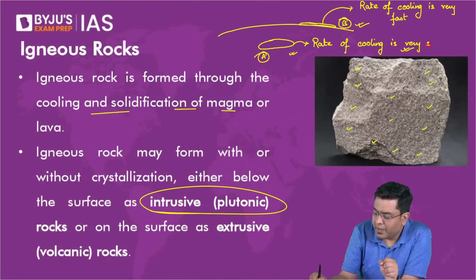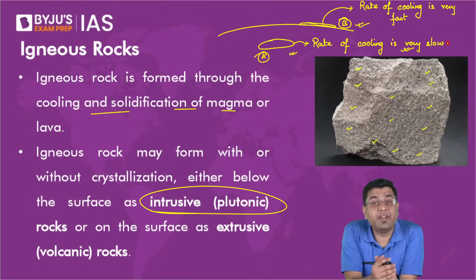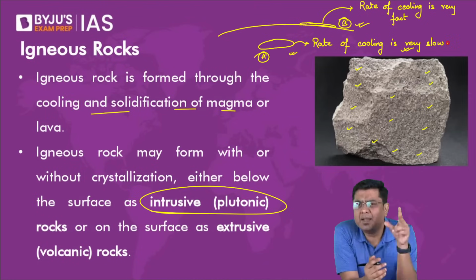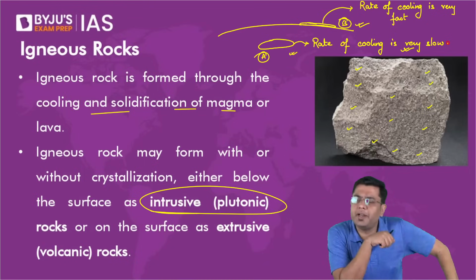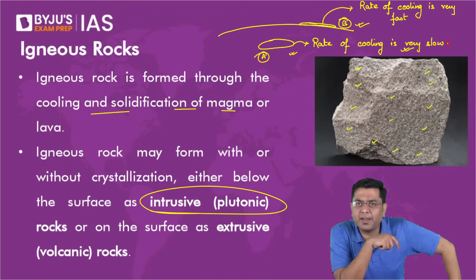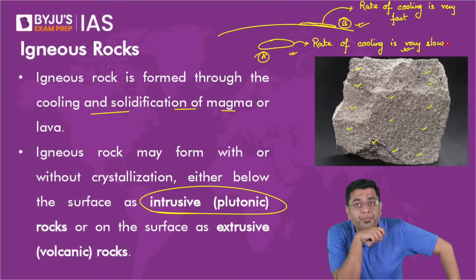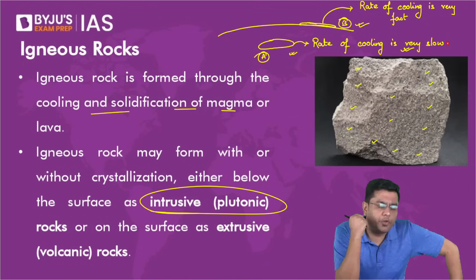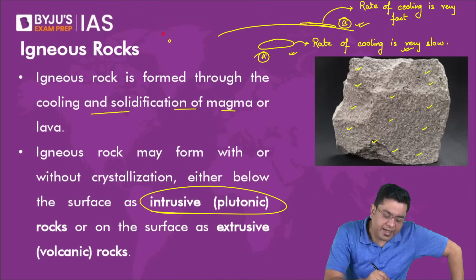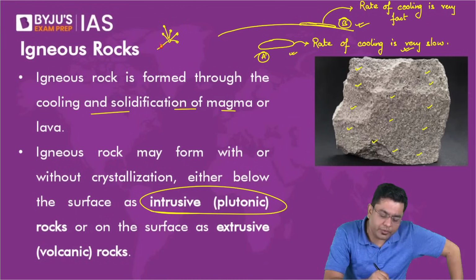Now, if the rate of cooling is very fast, will the particles be able to make multiple linkages with the different particles which are present? No, because they will solidify as quickly as possible. Whereas when the rate of cooling is slow, each particle will develop as many bonds with the surrounding particles as possible.